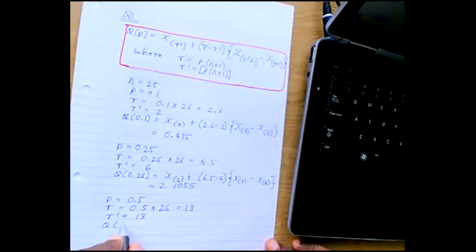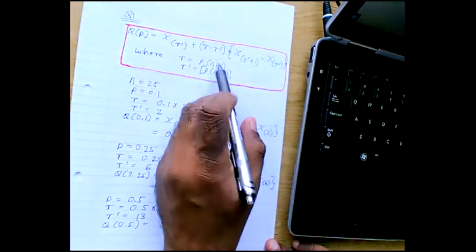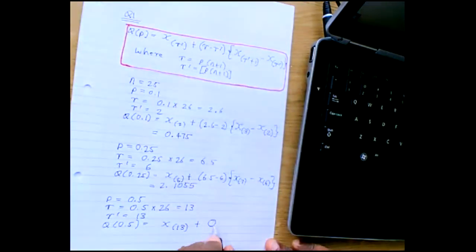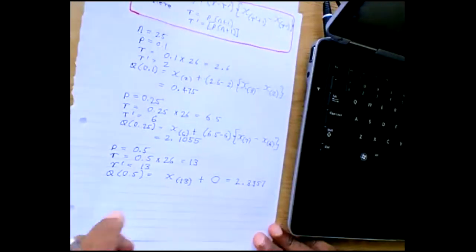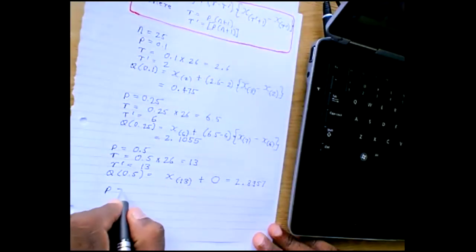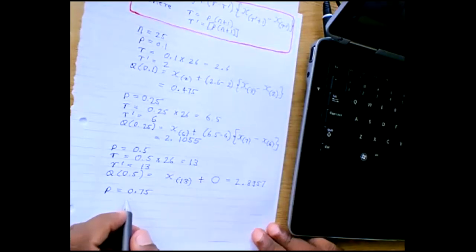So your Q at 0.5 will be x13 plus (13 minus 13). 13 minus 13 is 0, so this will be 0. And this is equal to 2.8957.